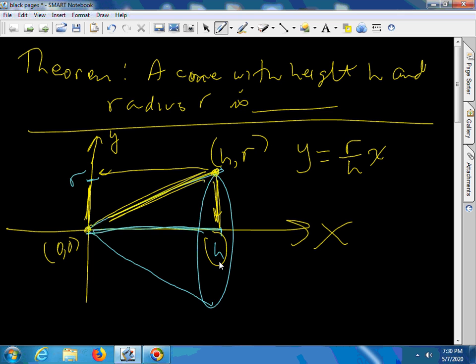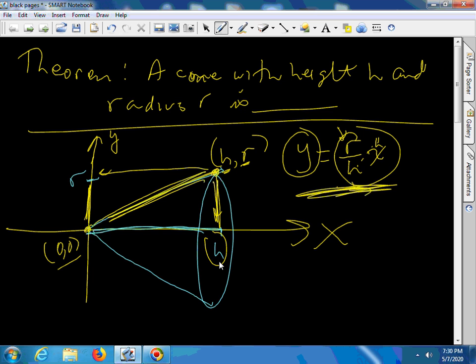And to make sure it works, when you plug in 0, 0, if x is 0, that's 0, and y is 0, that's 0. And if x is h, you should see those h's canceling out, and you're just left with r. So when x is h, y should be r. This is the equation of the line that we have to rotate.